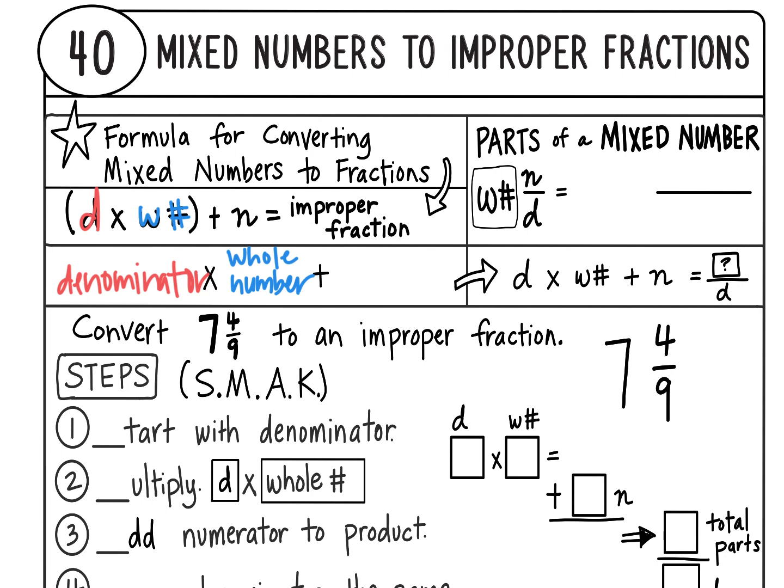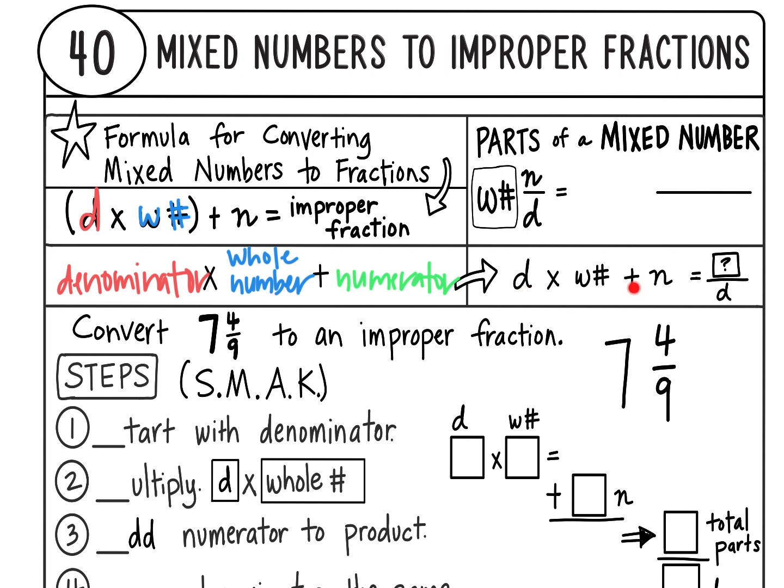Then, after I multiply denominator times whole number, I'm going to add it to the numerator. And that gives me the number that I will use on top. Do you see this little arrow here?